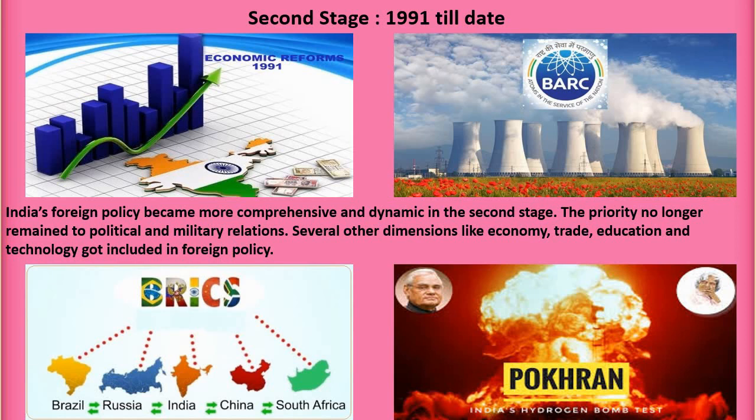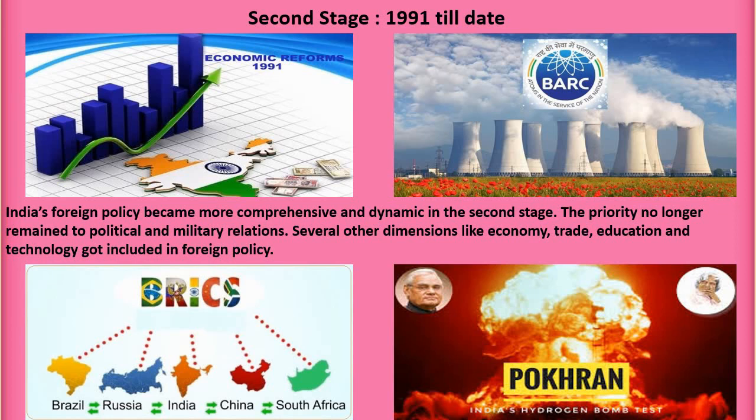As you know the importance of nuclear power for generation of electricity and for defense purposes, having understood that importance, India undertook the nuclear energy program immediately after independence. And for this, India established the Department of Atomic Energy and the Indian Atomic Energy Commission.